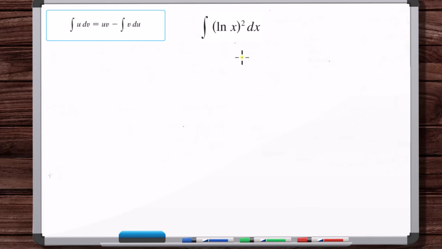Okay, let's say that u is equal to the natural log of x squared and dv is equal to dx, because I feel like taking this integral would be a mess. So du/dx is equal to 2 natural log of x times 1 over x, so 2 natural log of x over x.